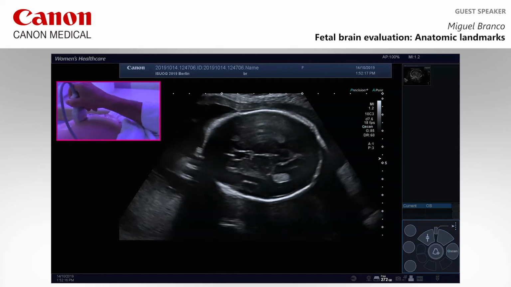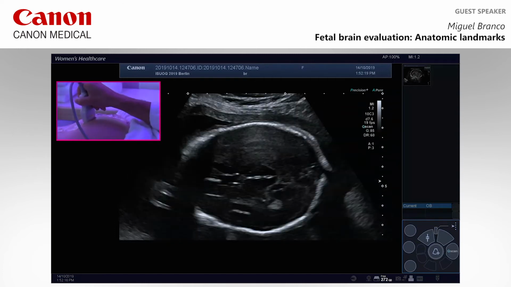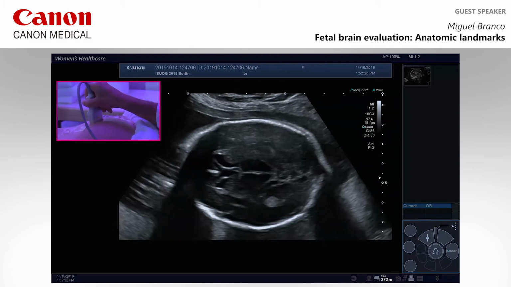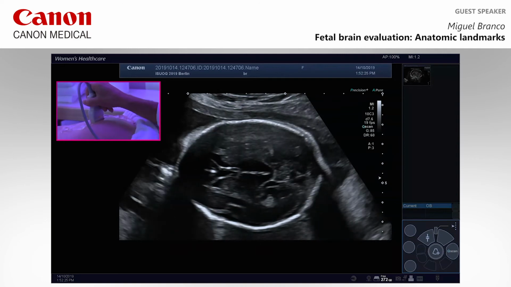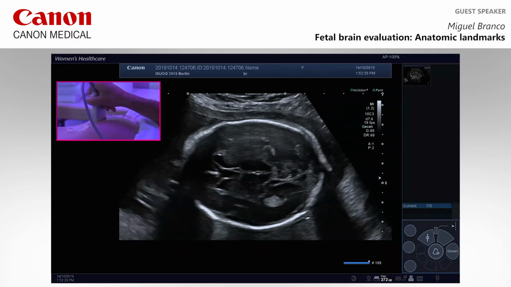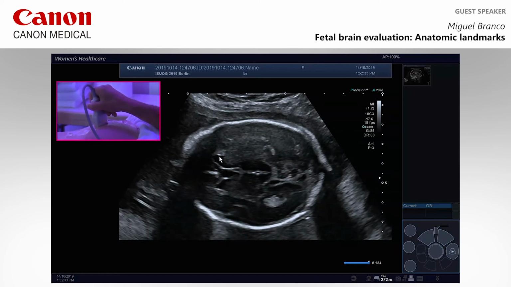We start with strict axial planes in order to get accurate measurements, and we'll be using the anterior landmarks: the CSP, anterior horns of the lateral ventricles, corpus callosum, thalamus, third ventricle, ambient cistern.